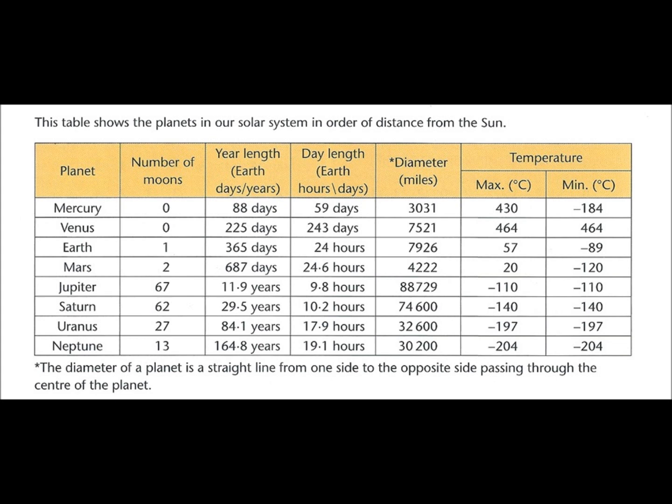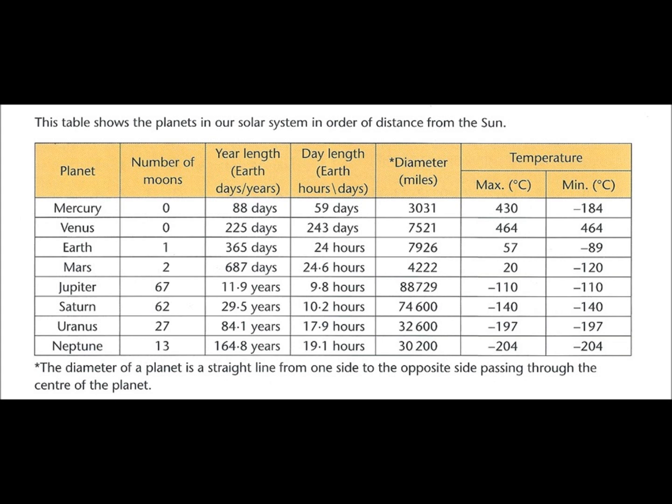So here we are, we've got the diameter. We need to find Earth first of all, and Earth has a diameter of 7,926 miles. Now, using our rounding skills, 7,926 is very close to 8,000 miles.